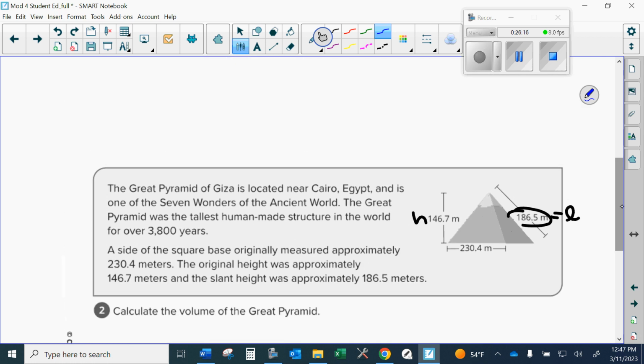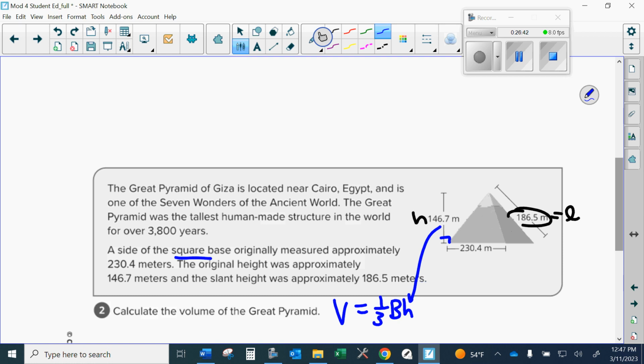Remember, this is slant height. This is the actual height, because the actual height's at 90 degrees. Slant height right there. Volume, remember, is 1/3 area of the base times the height. So this height is that h right there, not the l, not the slant height. Area of the base, it must be a square pyramid.